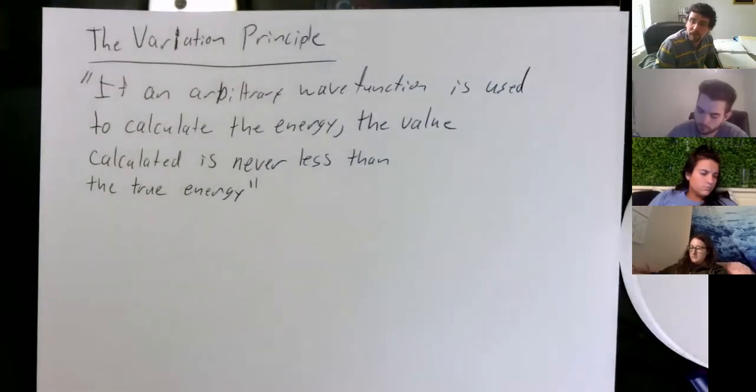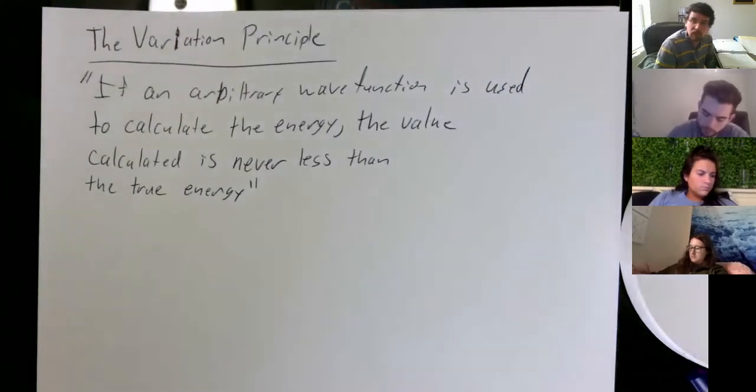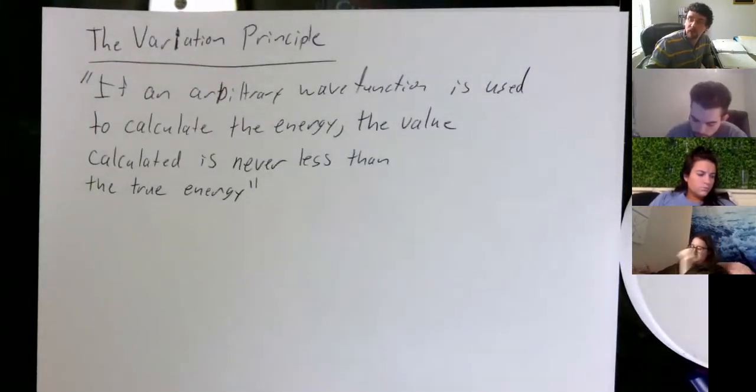So basically, we never know the wave function exactly. If we come up with an arbitrary wave function, it produces an energy that is greater than or equal to, but never less than, the actual true value of the energy.